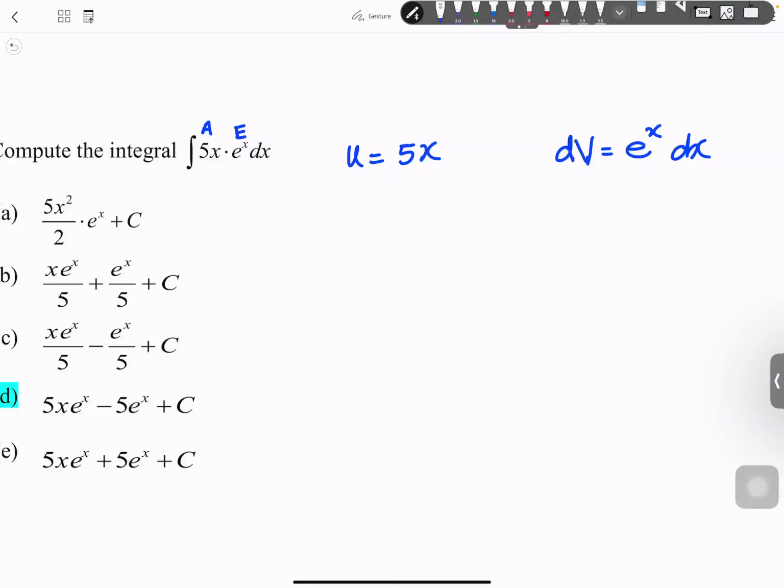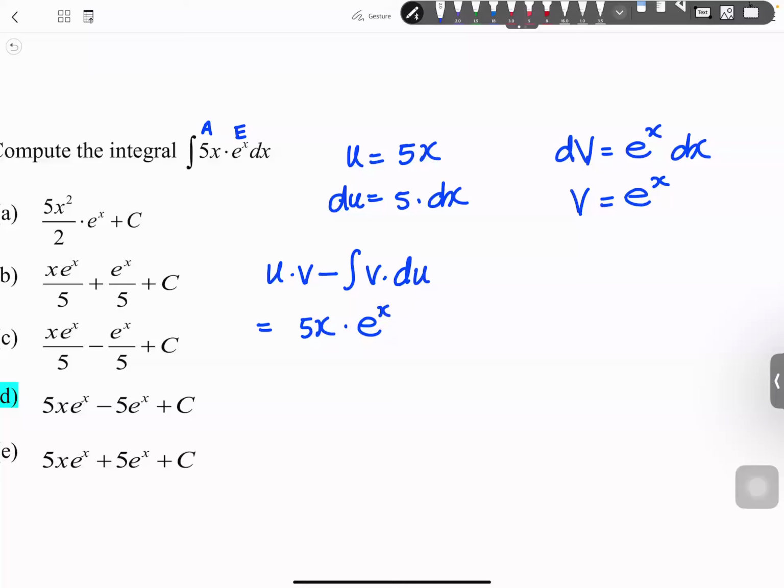So it follows then that du is equal to 5 times dx, and v is just equal to e to the x. Our formula says that the integral of u dv is equal to uv minus the integral of v du. So let's just plug in. That will be 5x times e to the x minus the integral of e to the x times 5 dx.